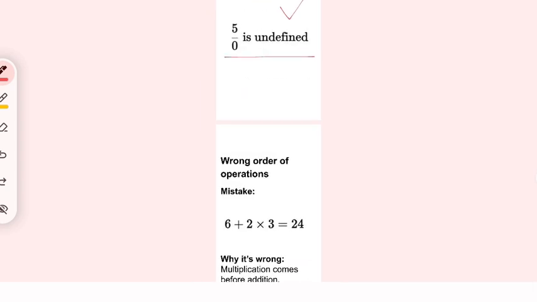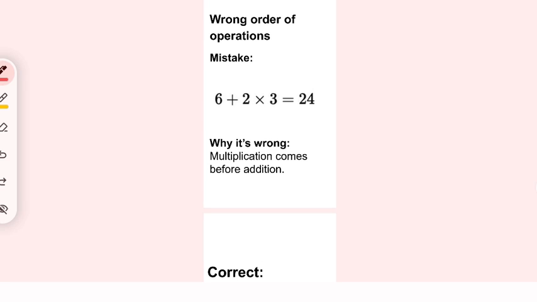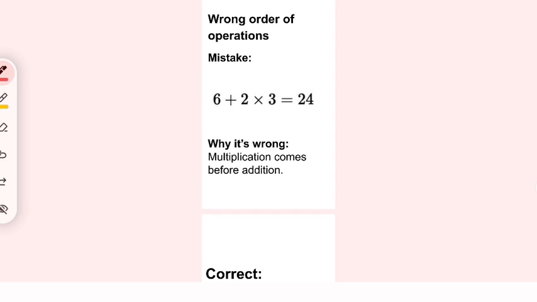Okay, let's go to the next math mistake. This is a common math mistake as well: wrong order of operations. For example, we have 6 plus 2 times 3. The answer is not 24. It is a mistake. Why is it wrong? Because multiplication comes before addition.